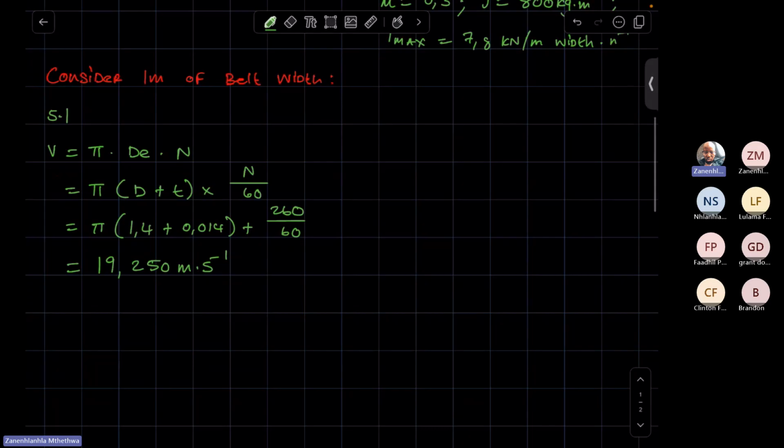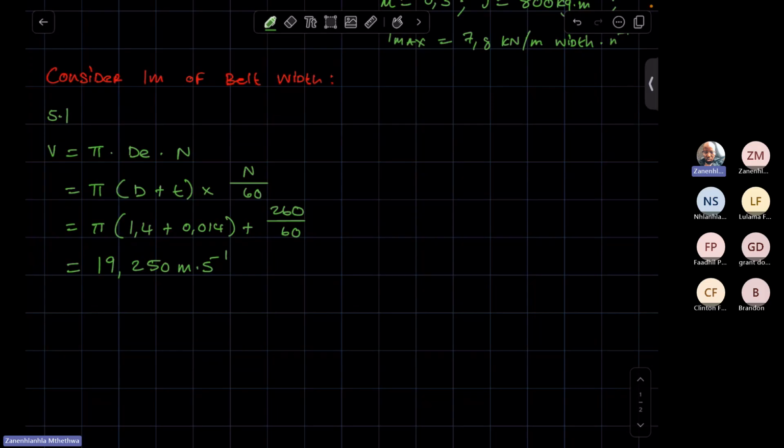Now, with regards to the belt speed, if the belt speed is 12 meters per second or greater than 12 meters per second, then we need to consider centrifugal tension.